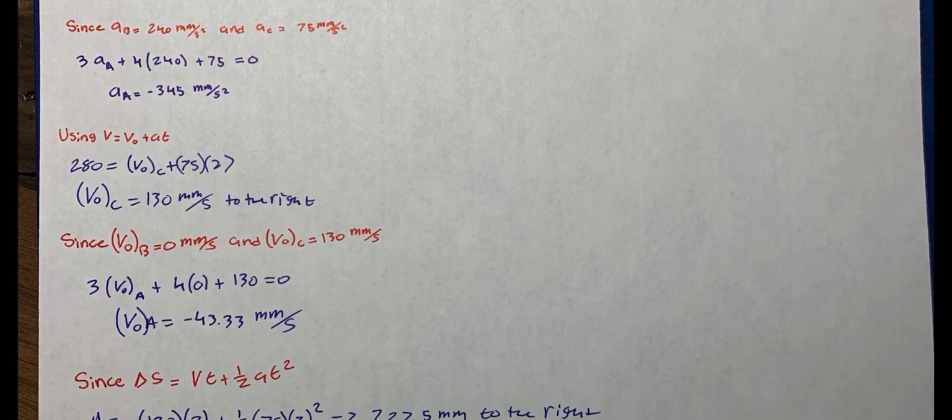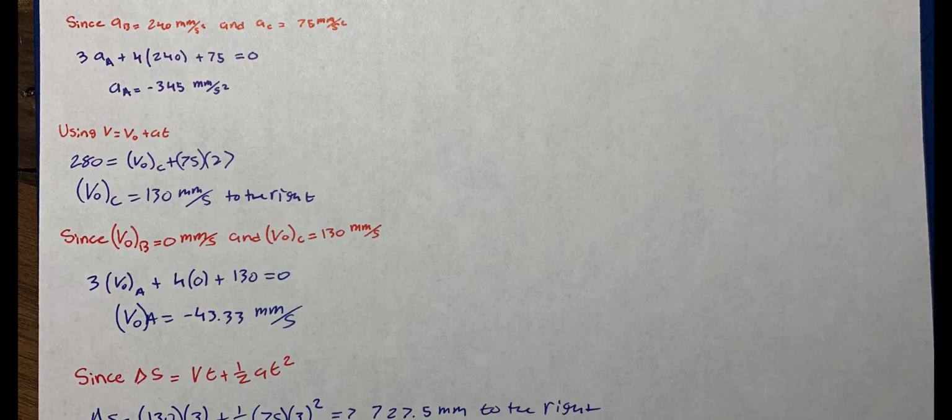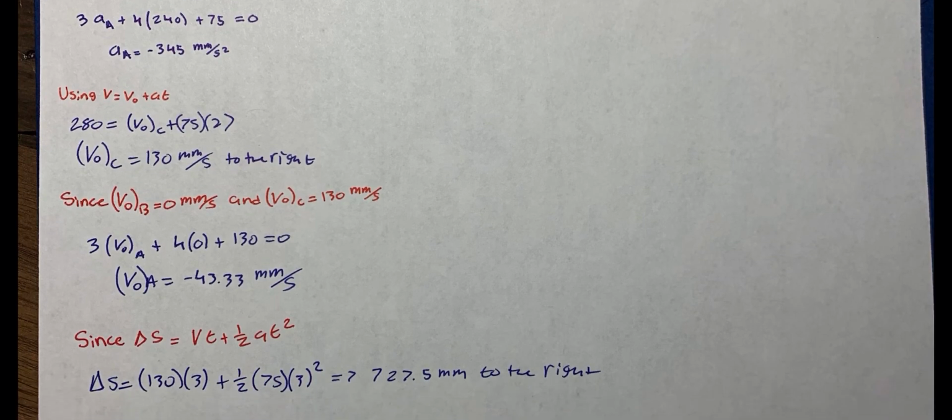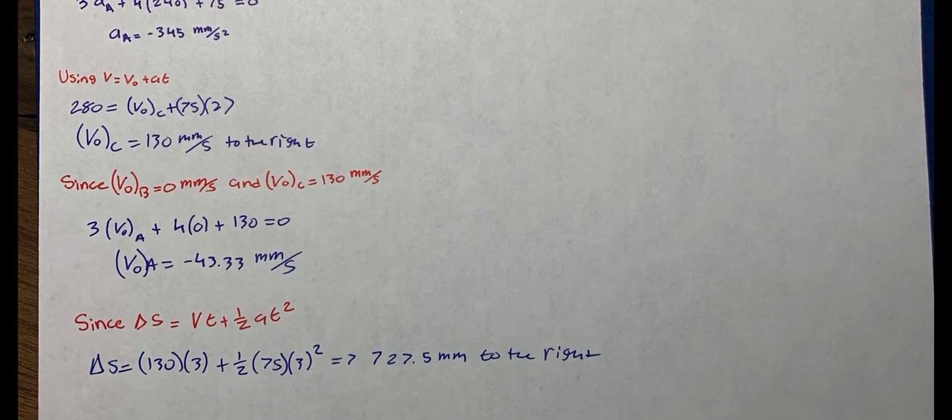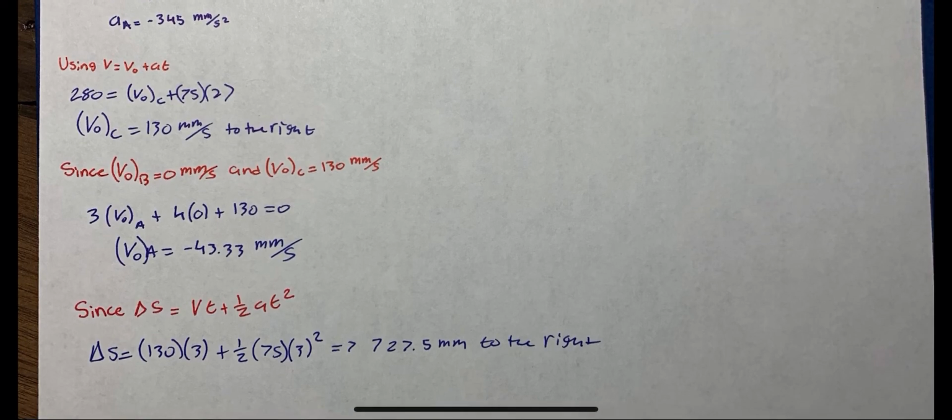And using the simple velocity equation once more, we can find the velocity of C, initial velocity of block C. And so now we know the initial velocity of block C and the initial velocity of block B. We can plug those in and find the initial velocity of block A, which is negative 43.33 millimeters per second.